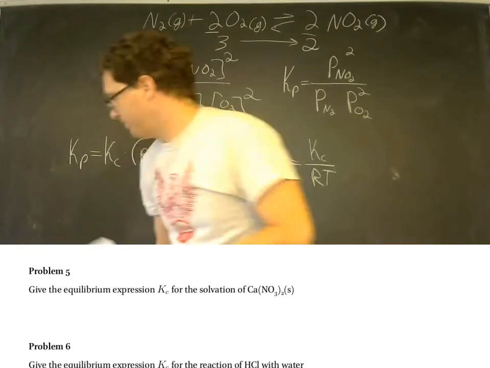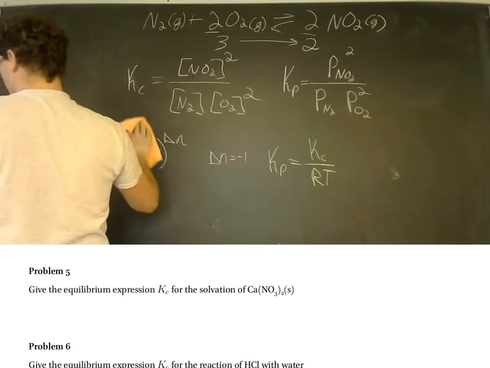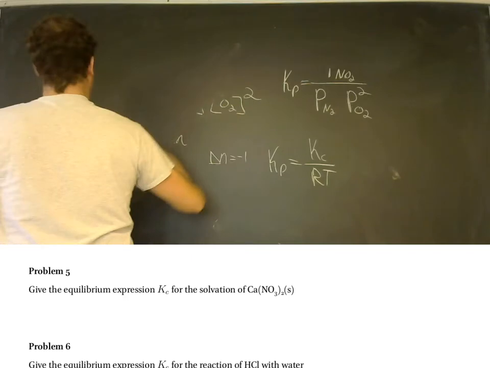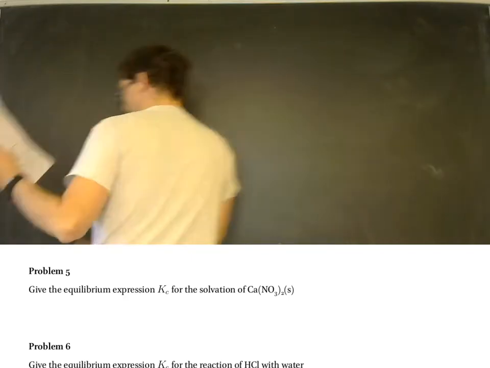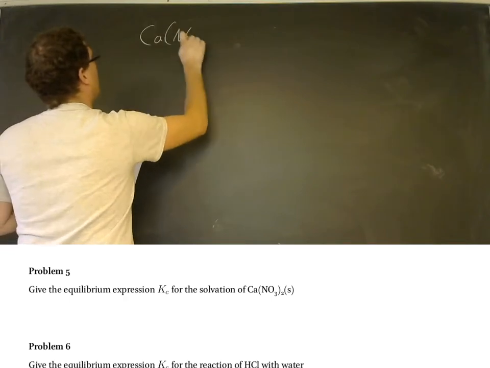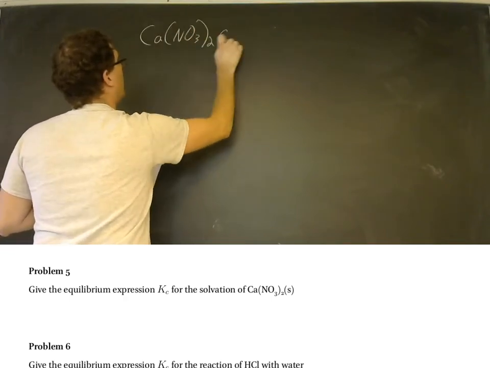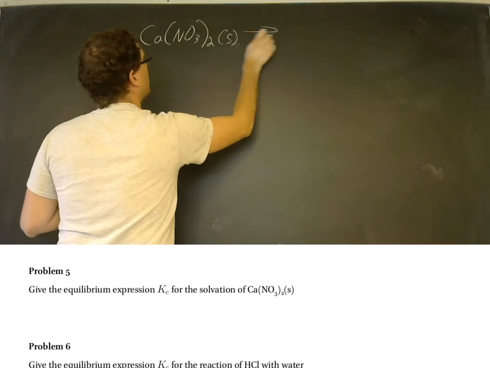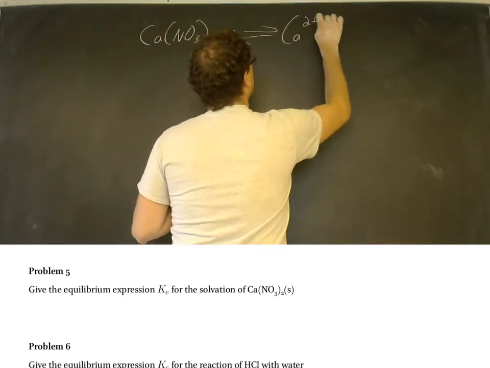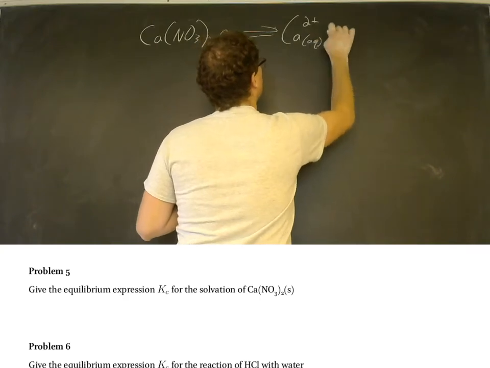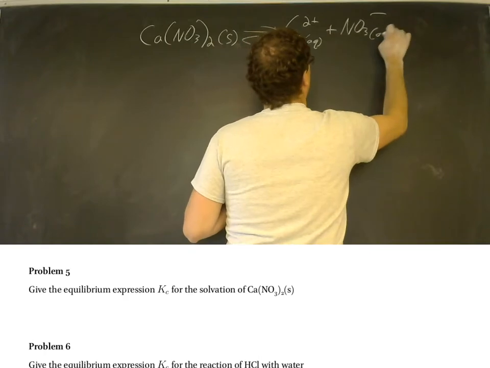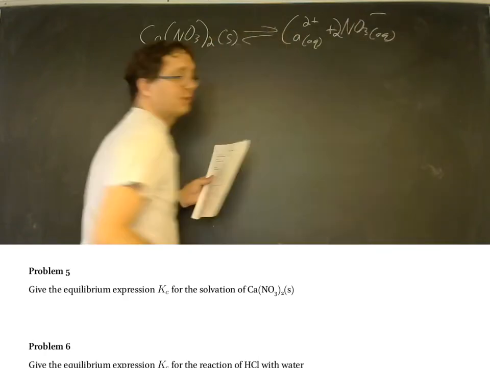All right. Let's give the equilibrium expression Kc for the solvation of calcium nitrate. And so we have calcium nitrate in equilibrium with calcium 2+ and NO3- aqueous, and there are 2 of those.